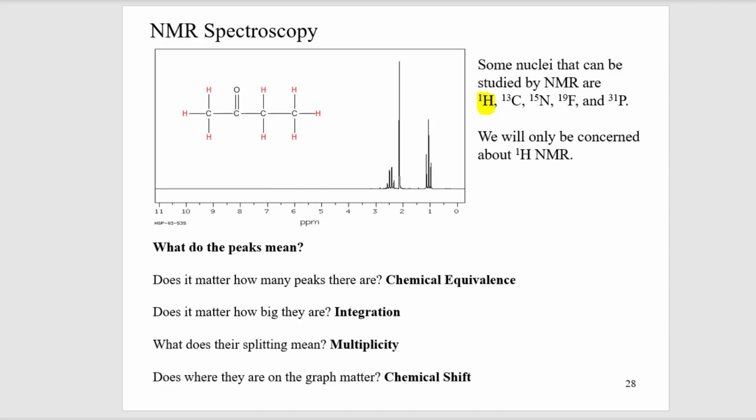There are other atoms that you can set the instrument to probe, but the most widely used is the proton. Why? Well, when you're working with organic molecules, there's a heck of a lot of them. And not only that, it's also the natural isotope. So if it can only see the natural isotope, which is in 99% abundance, the likelihood of you seeing all of the hydrogens on every carbon is very high.